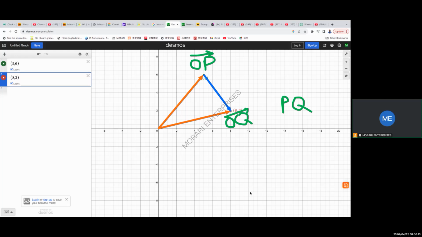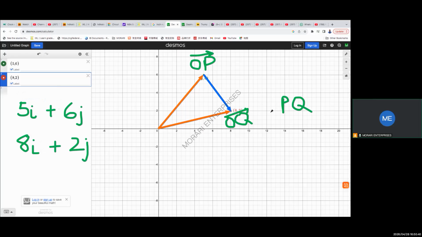All right, so in our case, let's come and see. What is our P? What's our P, Aquila? And what's our Q? 8i plus 2j. Then now you want to calculate your PQ.